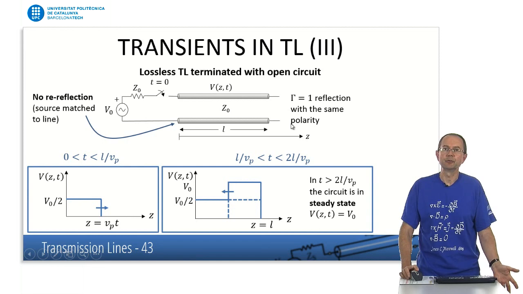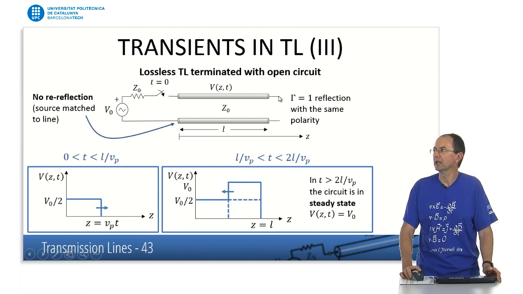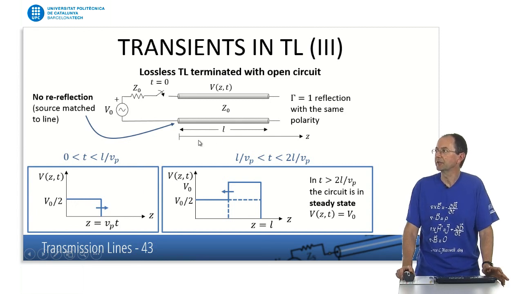What will happen if we have a total reflection, and in this case provided by an open circuit? Well, if the end is just cut here, there's nothing connecting the end of the line. Again, the beginning is exactly the same: we have a rising edge of V0 divided by 2 progressing towards the right. Nothing happens until we reach the end.